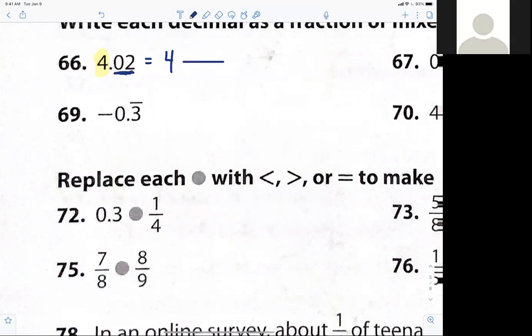So that number goes on top of the fraction. So what is that? 2 over, how many places are there after the decimal? Over what? Now look, that is all there is to it. But you have to reduce. Okay? So if I reduce that fraction, what's it going to be?